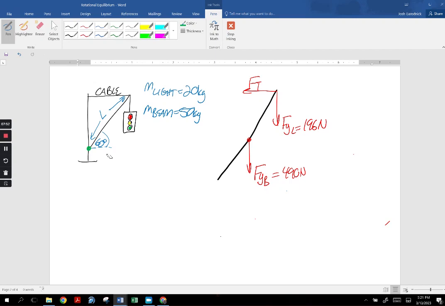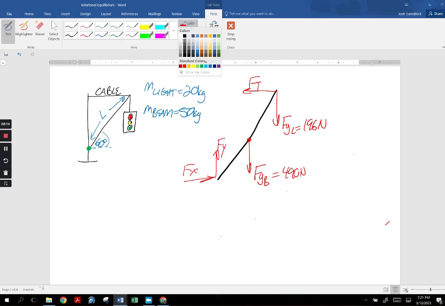So to make the sum of the forces 0 in the X, there needs to be some X force to the right here, acting at that green dot I drew. And in the Y forces, we have two forces down but nothing up, so there needs to be an Fy here as well.